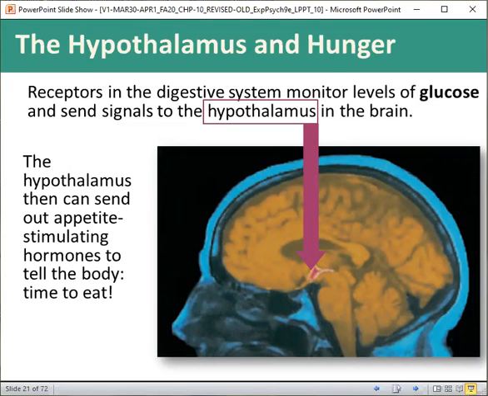So it's measuring blood sugar in your digestive system, saying that it's not there, and then it tells the hypothalamus the situation, and the hypothalamus sends out appetite stimulating hormones to the body, which is going to enhance your appetite. You're going to want to eat then.